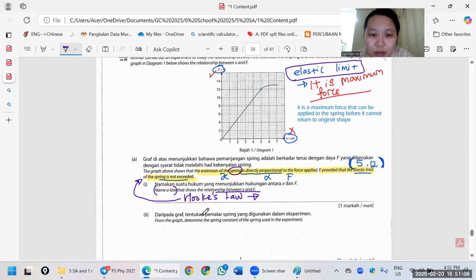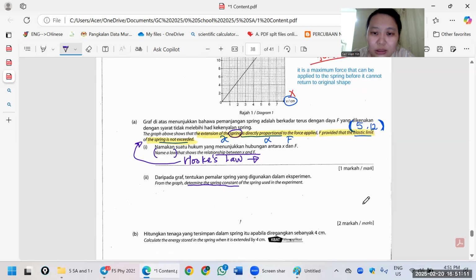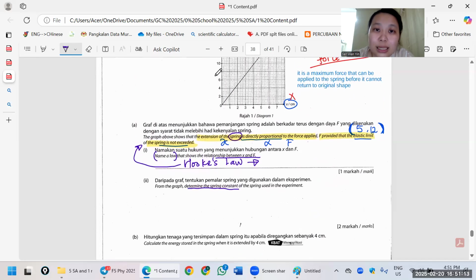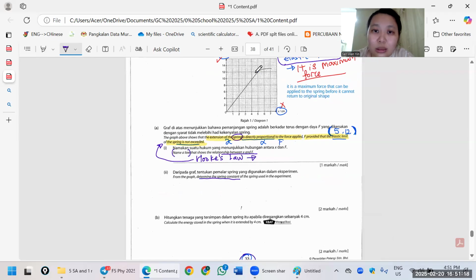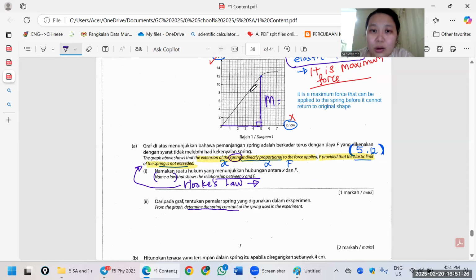Okay, so now from the graph, determine the spring constant. What's your answer? Can I find the gradient, or I just use this point?